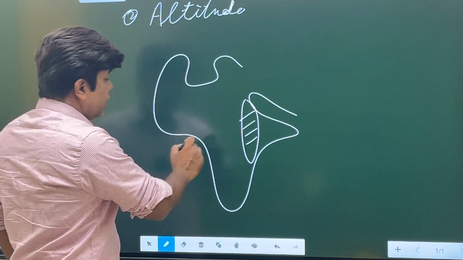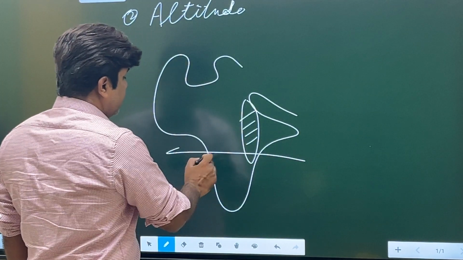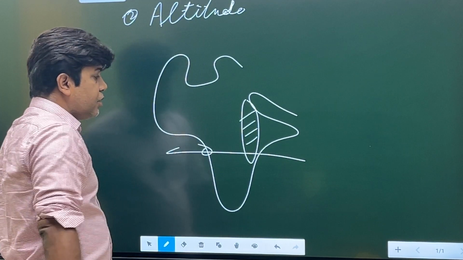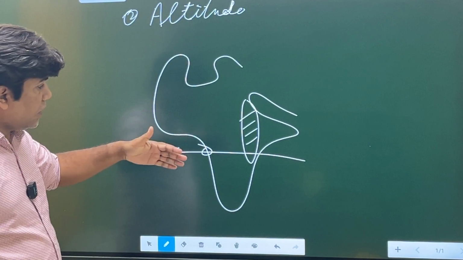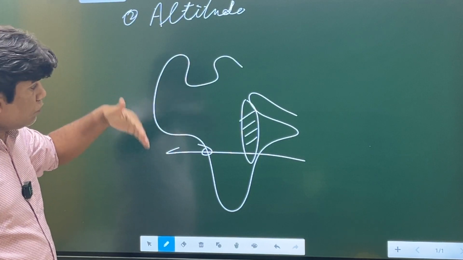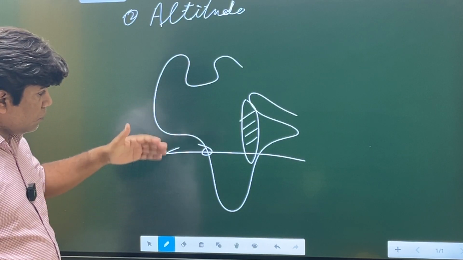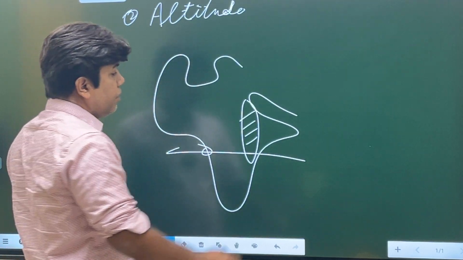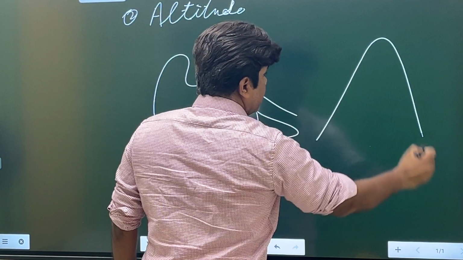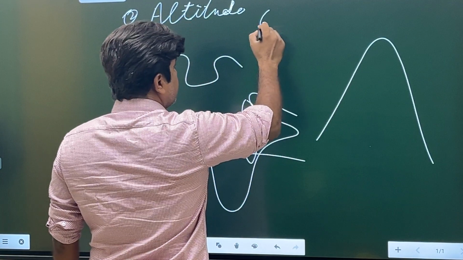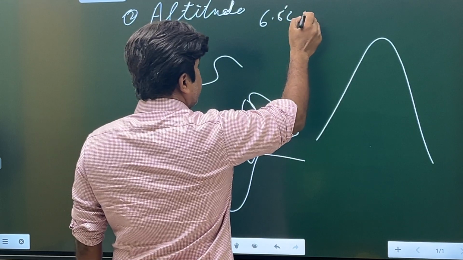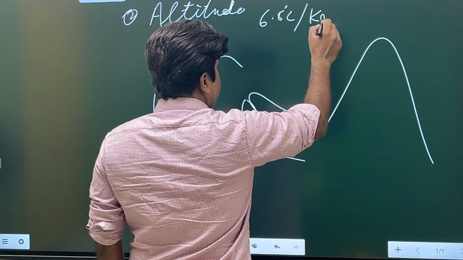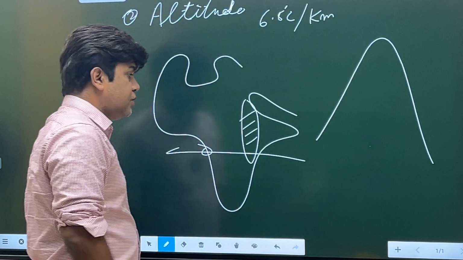These areas have a lower temperature compared to the low-lying areas, because as you move up in the atmosphere, the temperature keeps on decreasing at the rate of 6.5 degrees centigrade per kilometer, also known as the normal lapse rate.